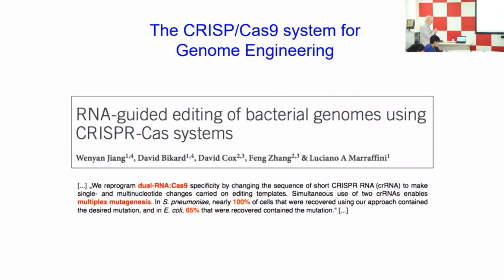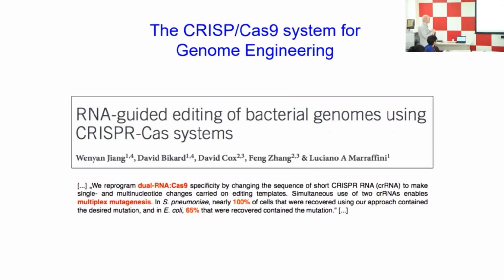So CRISPR-Cas systems have a long history behind them. First it was discovered that some bacteria have repeats in the chromosome. Then it was discovered that there were some proteins that could recognize these sequences and cleave them.